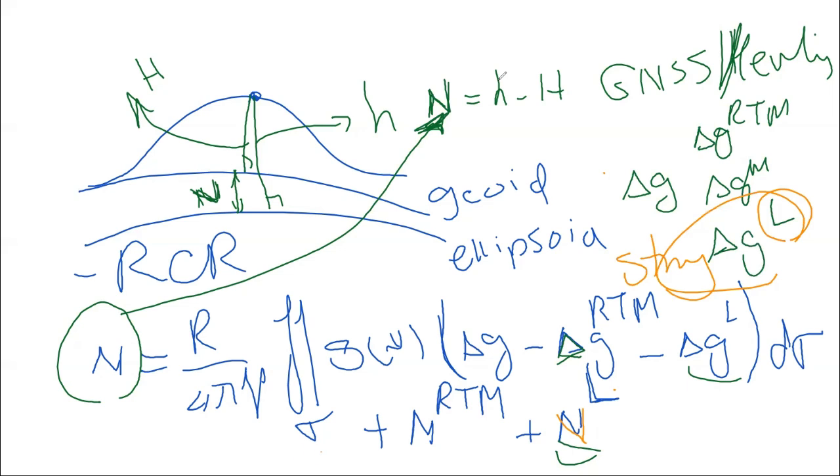Another issue is that they do not modify the integral. They believe that by removing the long wavelength structure of the gravity, and due to the orthogonality of this Stokes kernel function, the base functions to this delta G, they can reduce the effect of far zone data. But it is not enough, actually.